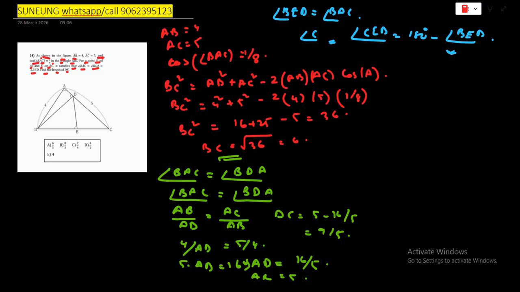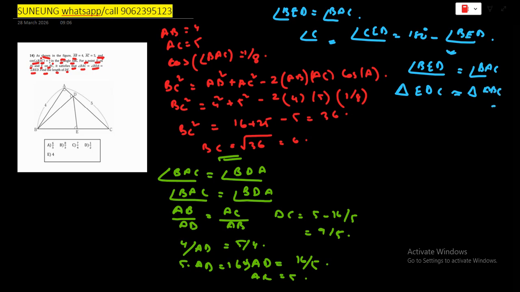Since angle BED is equal to angle BAC and they share angle C, triangle EDC is similar to triangle ABC, right?